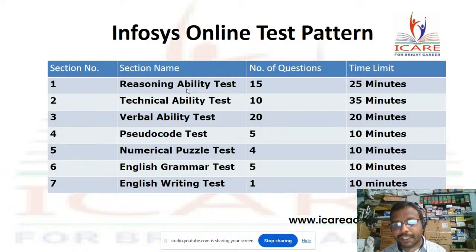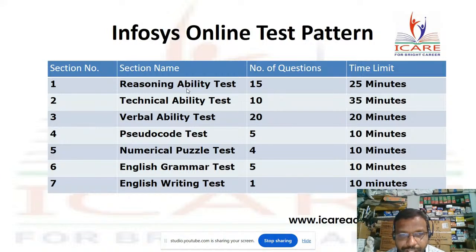Compared with the quant, for verbal ability, the time should be almost 1 minute per question. But no need to use any pen and paper for calculation like mathematical questions. So you can directly see the question and answer it. That could be one more advantage.